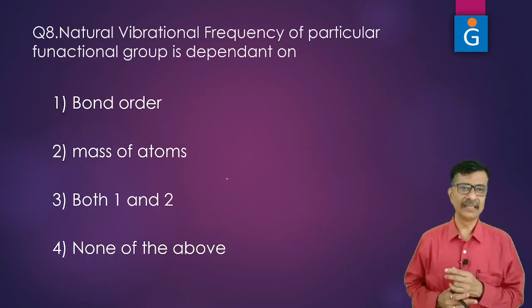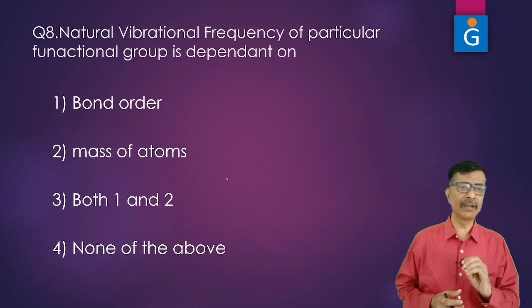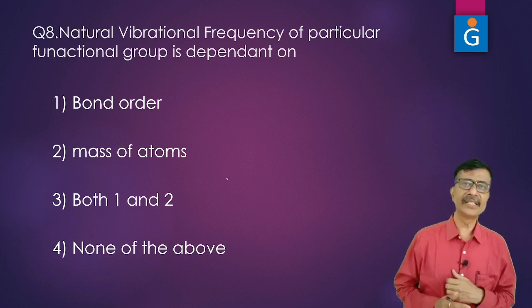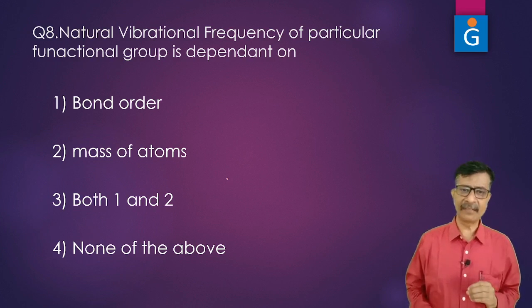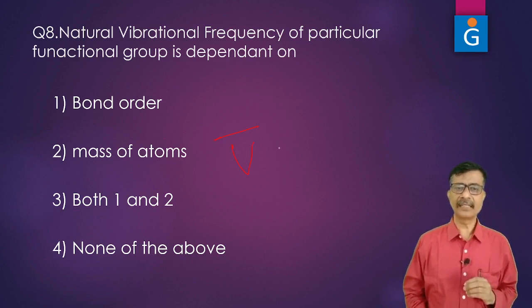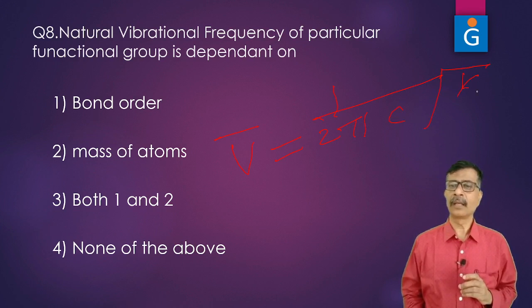Moving to the next. The natural vibrational frequency of particular functional group is dependent on. So what decides natural vibrational frequency? Again come to the equation earlier discussed. V bar, this is natural vibrational frequency, is given by 1 upon 2 pi C under root K by mu.